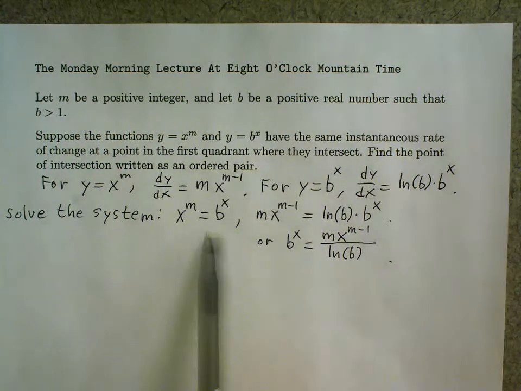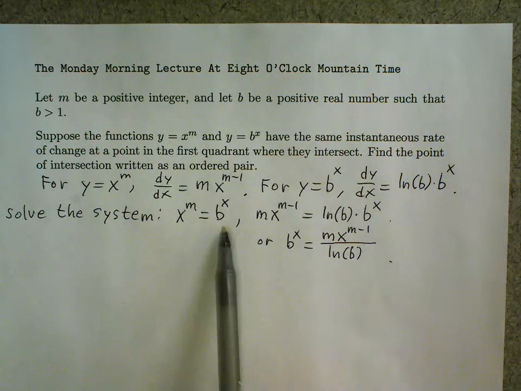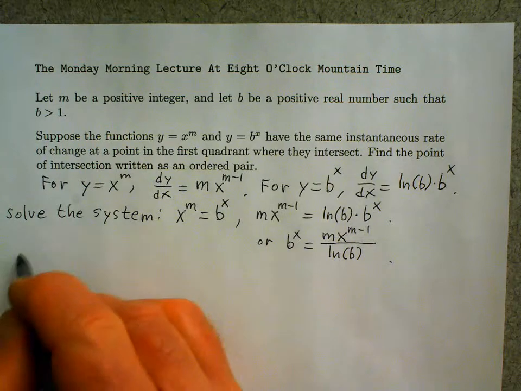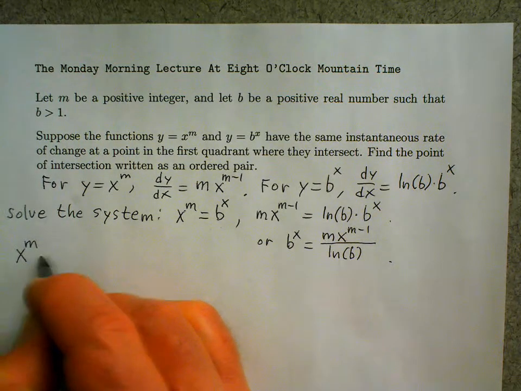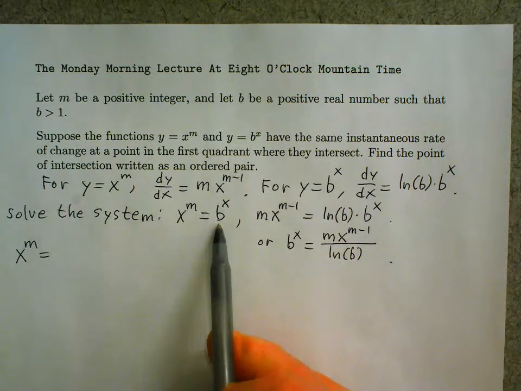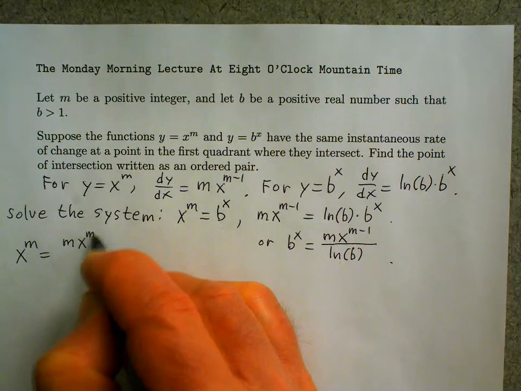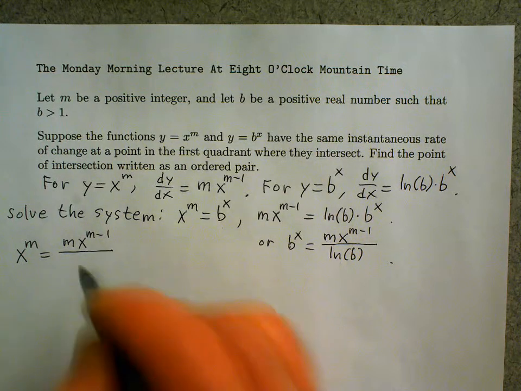And then in the other equation, we will replace b to the x with this term, m times x to the m minus 1 over the natural log of b. So I'll just write x to the m and then replace b to the x with m times x to the m minus 1 over the natural log of b.